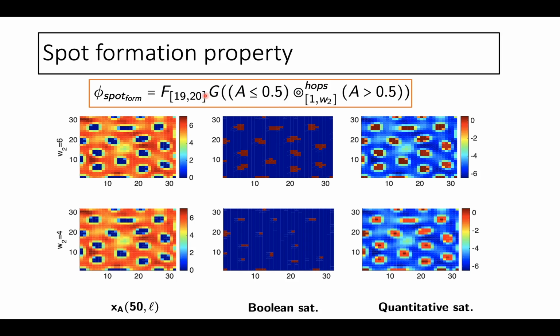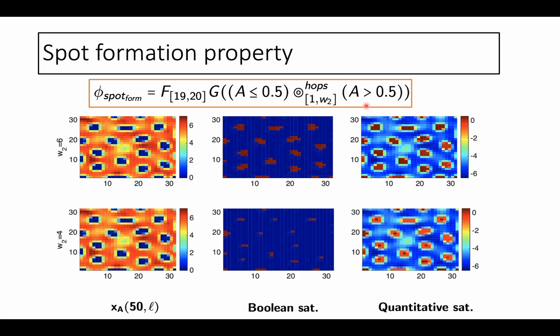That means there is a region where the location where I'm checking the property belongs, where A is always less or equal to 0.5, and that region is surrounded by another region where all the nodes that belong to that region satisfy the property A greater than 0.5.